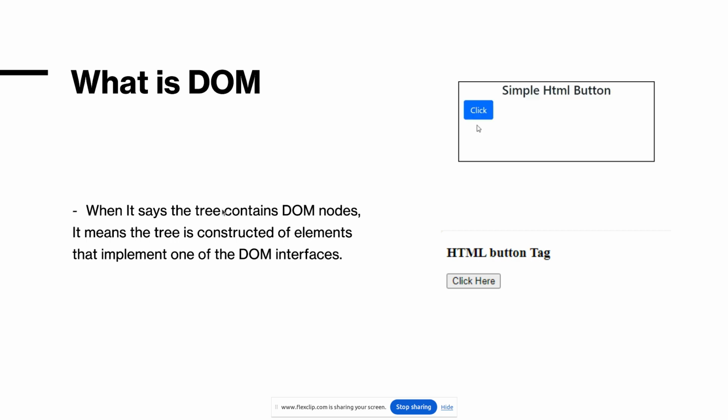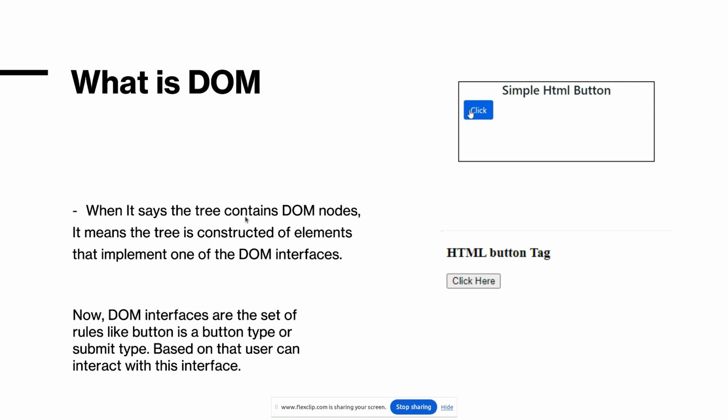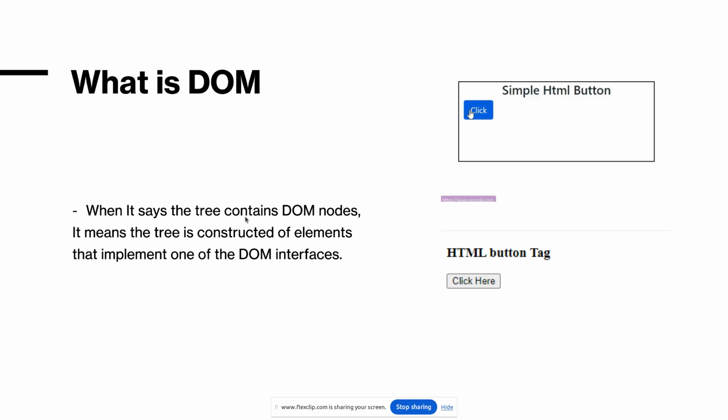When you say the tree contains DOM nodes, it means the tree is constructed of elements that implement one of the DOM interfaces. That also sounds really hard, right? For example, you have a button on your website. You can click it, right?